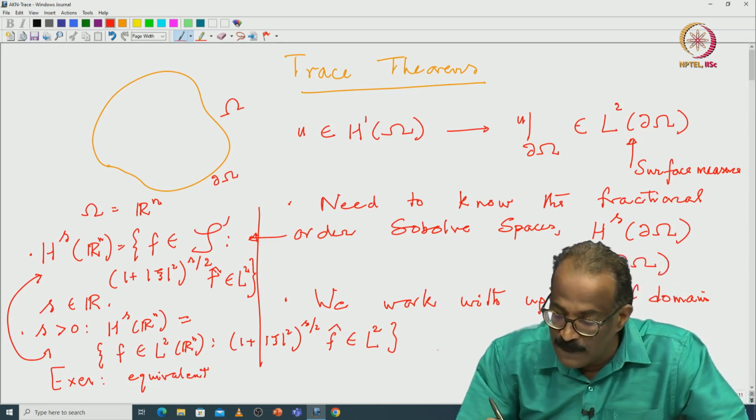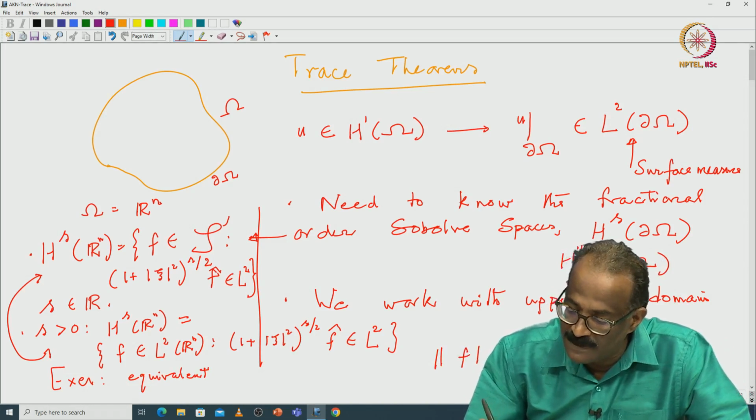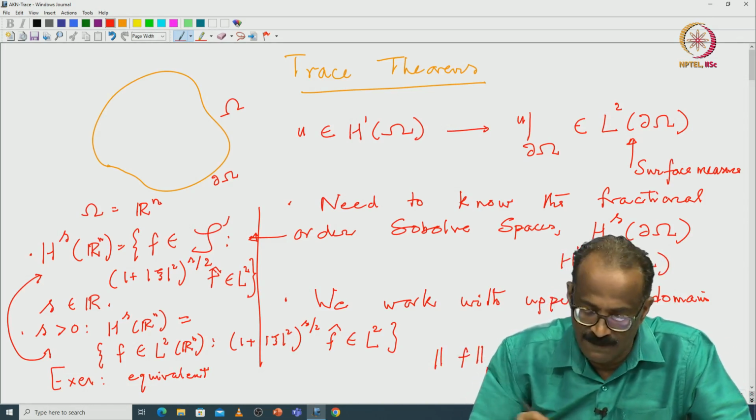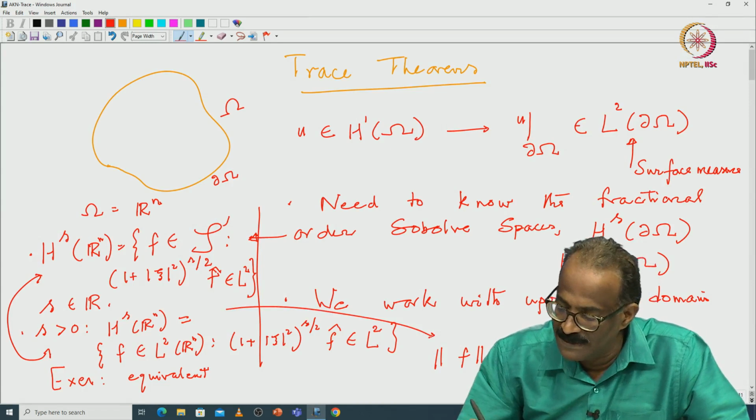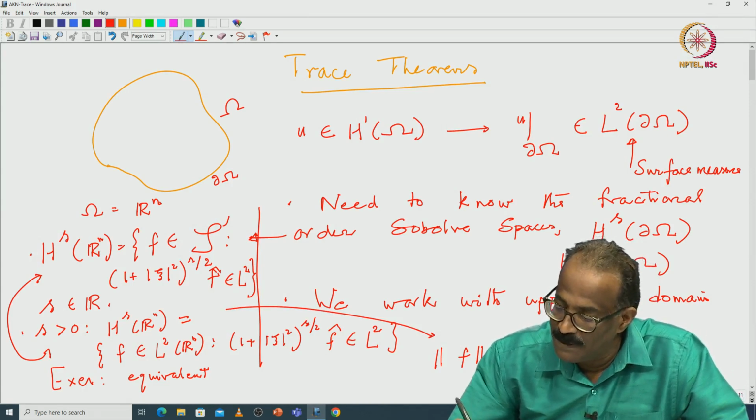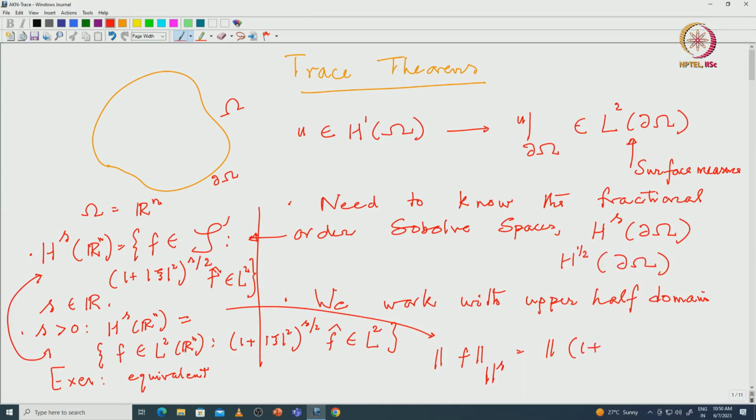And in this case you also have the norm: the norm of f in Hs is nothing but the L2 norm of (1 plus mod psi squared) whole power s by 2 times f hat. So, you see, on Rn you have a way of doing it.